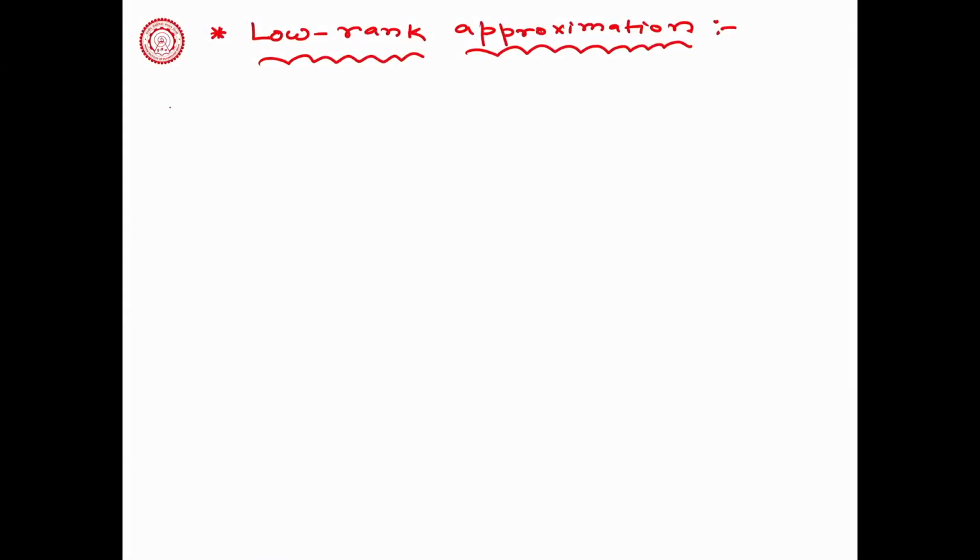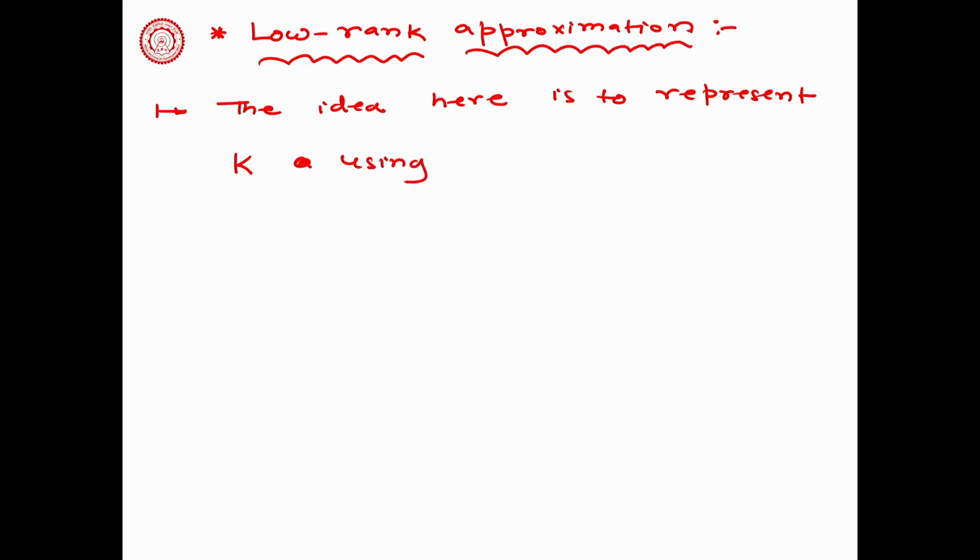So, the idea here is to represent K using low rank approximation.